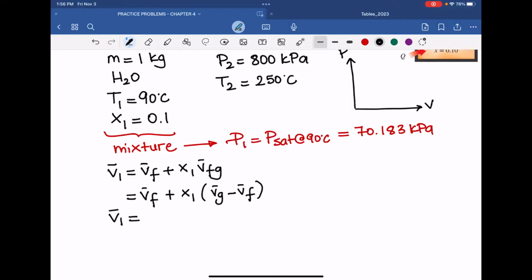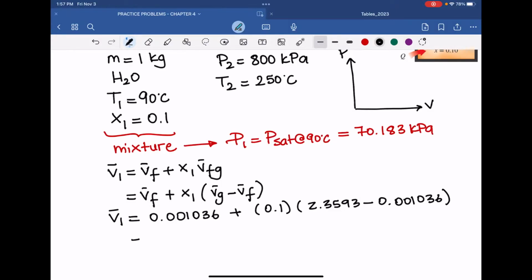So vf is 0.001036 plus, you can put the units, the quality is 0.1, and vg is this that I remember, and vf is again this one.